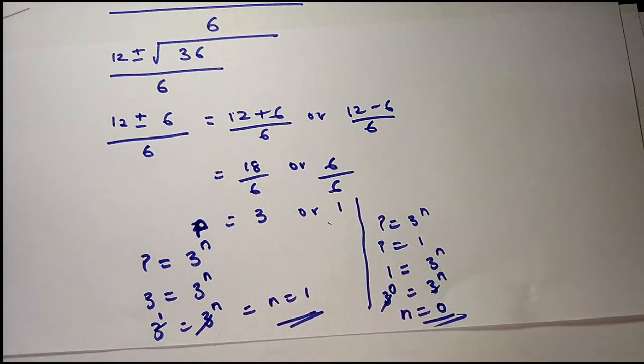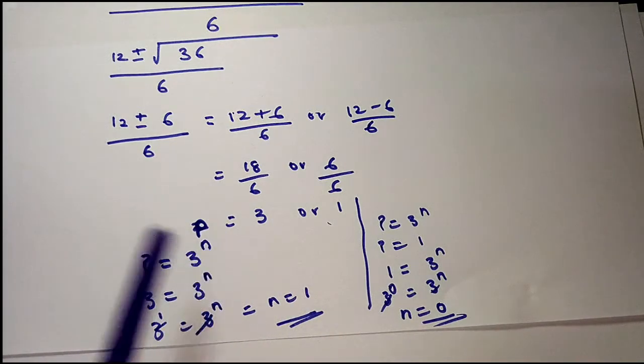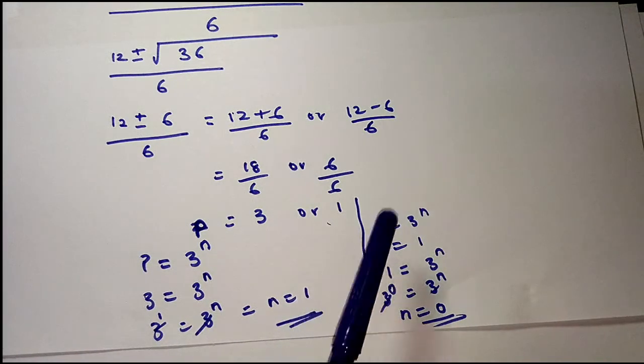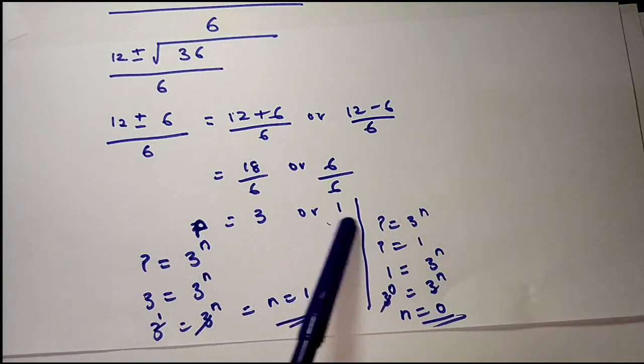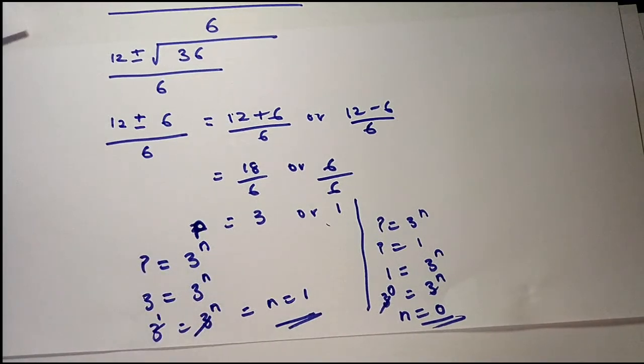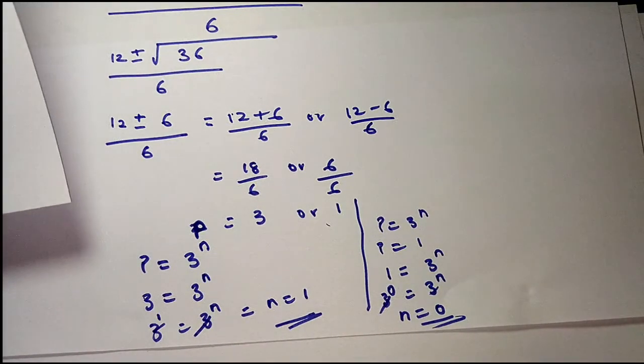At that point, don't forget to bring back the value. Since you are looking for n, you put p equals 3 raised to the power n. So we'll put the 3 back here, and we find the value for n using the indices method, which equals 1. Then for the other positive number, we'll put it back here, and you know that 3 raised to the power 0 is 1, so n equals 0. So that is for the first question. We'll be looking at the next one shortly.